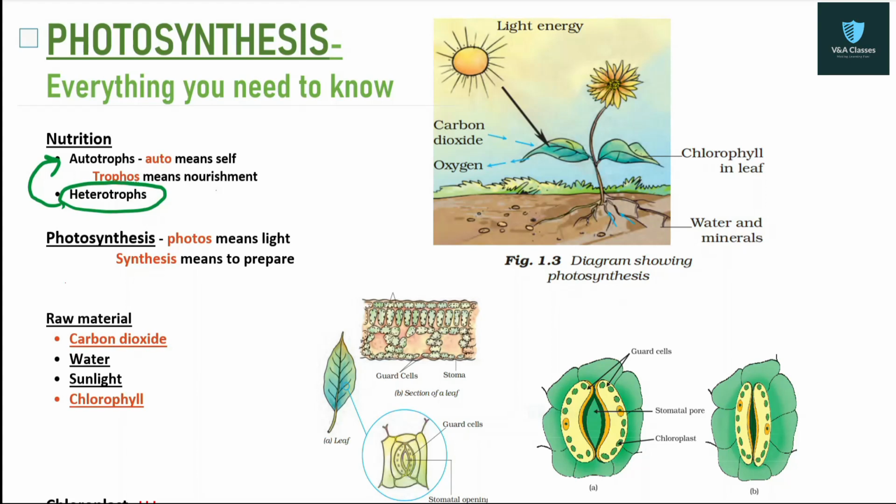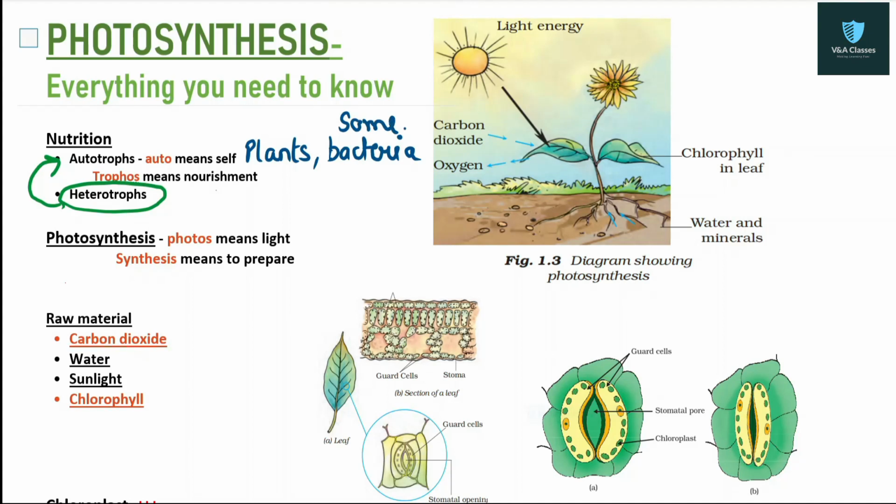Now we'll see some examples of these. Examples of autotrophs are principally plants and bacteria. Not all bacteria, some bacteria.